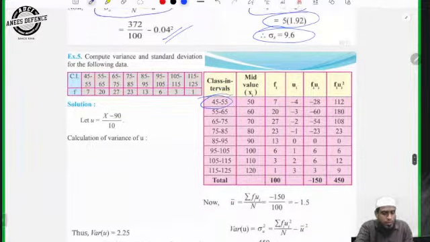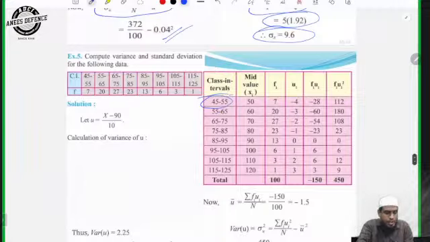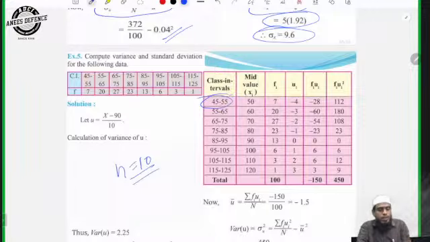For example, class interval 45 to 55: what is h? h is equal to 10. So what is xi? The middle value of 45 and 55: 45 plus 55 is 100, 100 by 2 is 50. 55 plus 65 is 120, 120 by 2 is 60. So the middle value is xi.